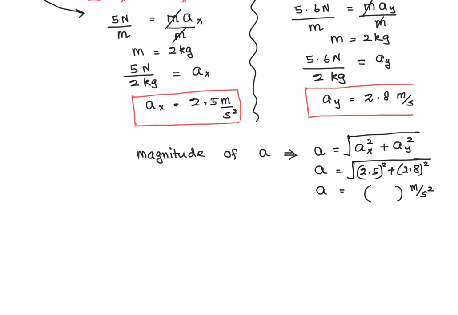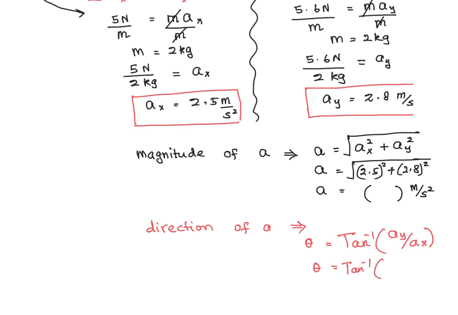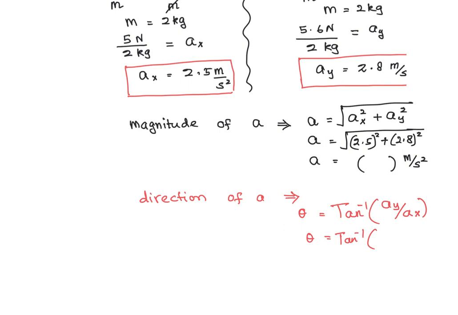And just let me quickly go over the direction of the acceleration. In order to find the direction of A, theta is the angle with respect to the x-axis, theta equals arctan of ay over ax. So you can substitute and use the calculator and check if it is in degrees or radians. It doesn't really matter what unit you give the answer in, but you just have to know what you are dealing with.